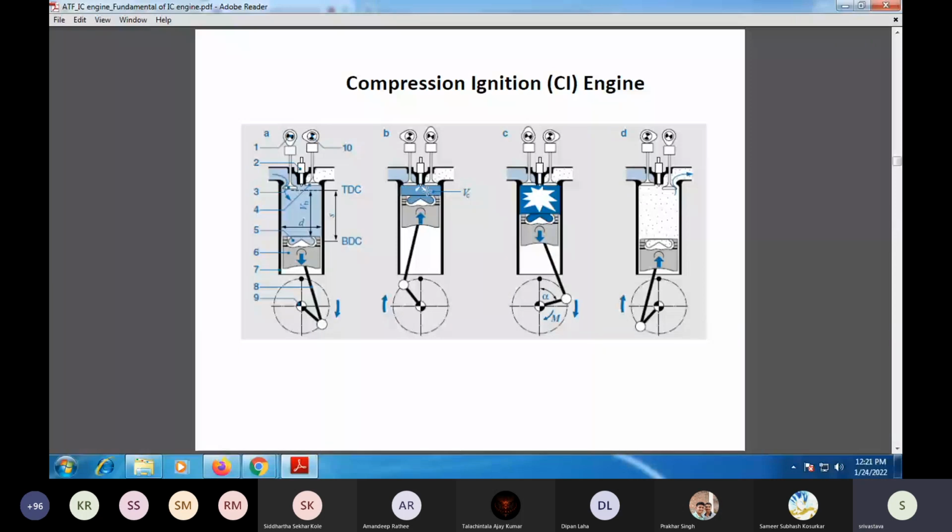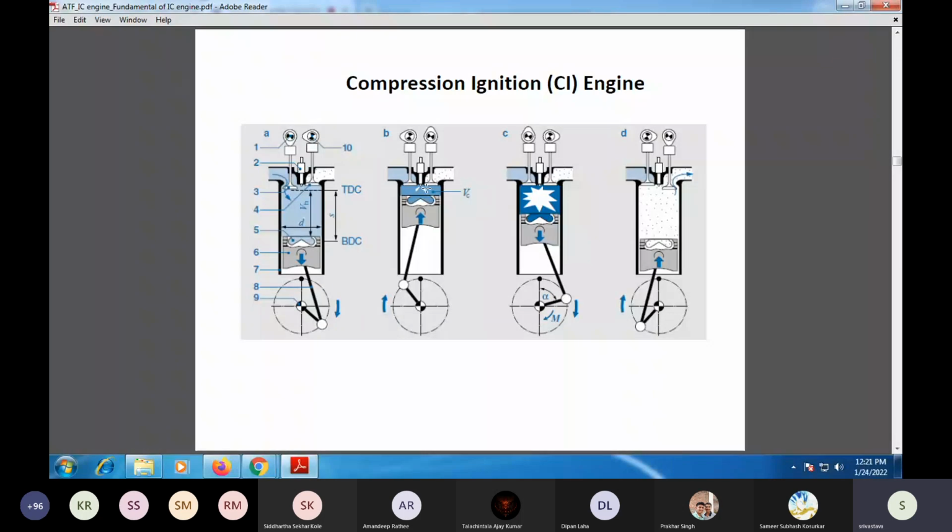Or if it is a very advanced fuel injection system called common rail direct injection, then the fuel injection pressure can vary from around 250 bar to around 2000 bar in production diesel engines. Experimentally, researchers and industry have claimed that they have developed a fuel injection system where the fuel injection pressure can go up to 2500 bar.